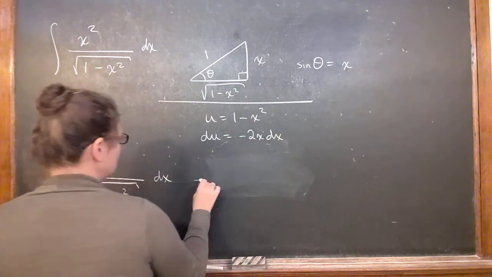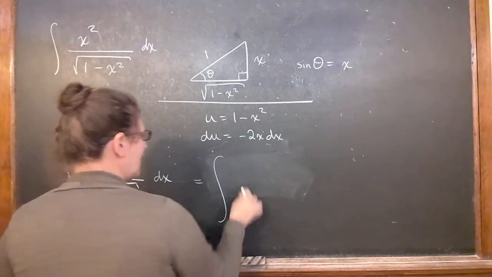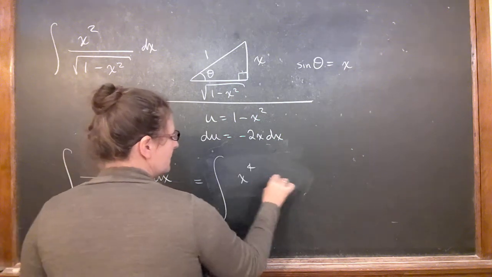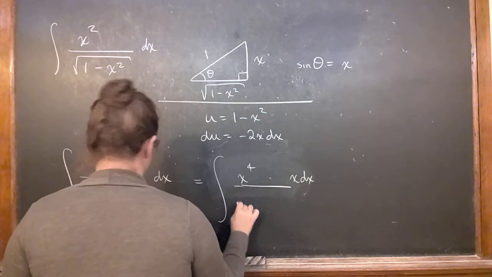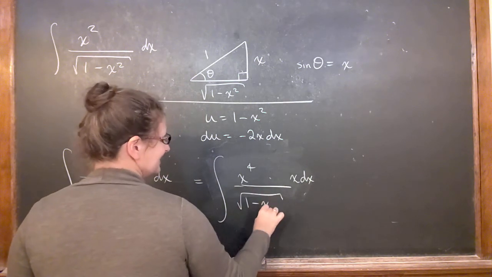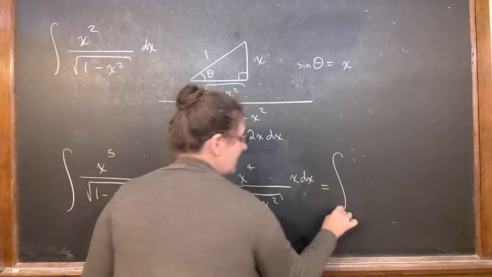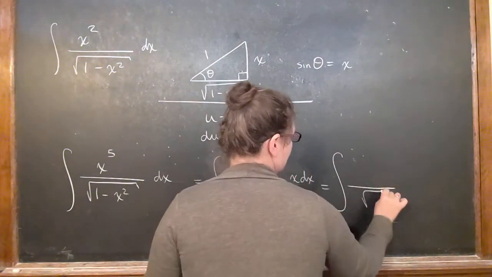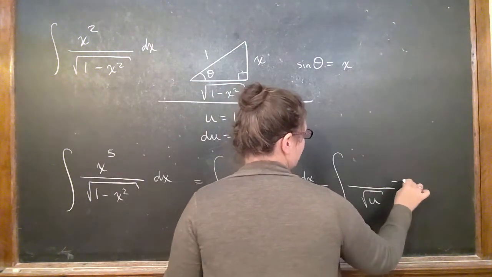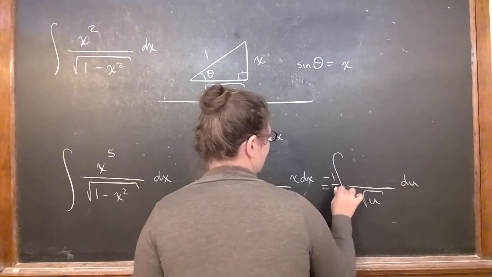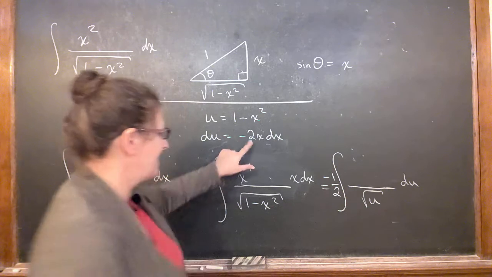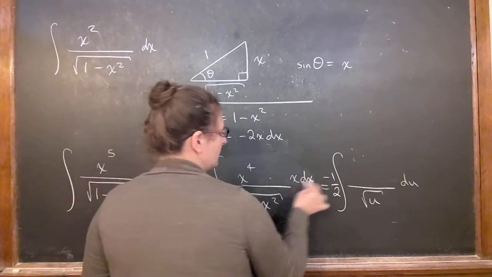What I can do is break this up: x to the fourth, and then x dx over here, and then square root of 1 minus x squared. Then this bottom is just square root of u. This is du, and it'll have a minus 1/2, right, because it's minus 2 here. So this one goes to that.